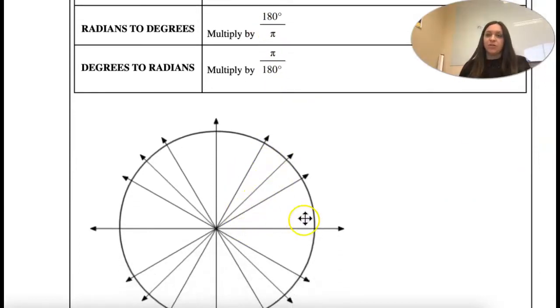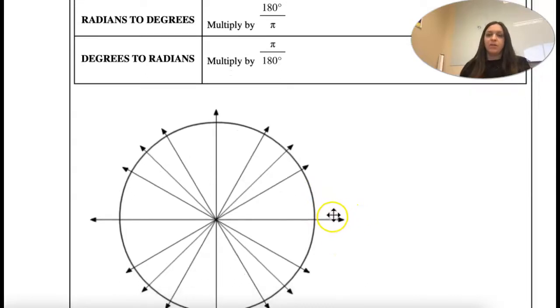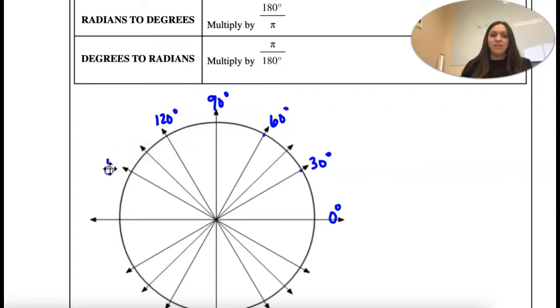First, on our circle, I just want to go through degrees because we're really familiar with that. This is 0 degrees. This line is 30 degrees. I'm going to go around in 30s first. 30 plus 30 is 60, 60 plus 30 is 90, 90 plus 30 is 120, 120 plus 30 is 150. Then we've gone halfway around, and we're at 180.